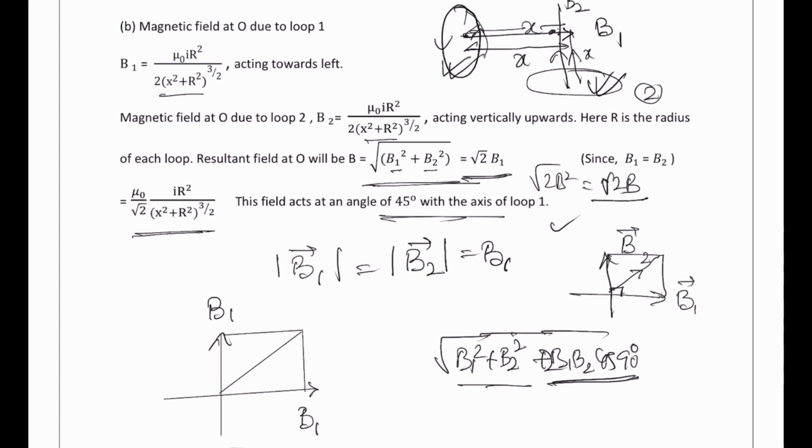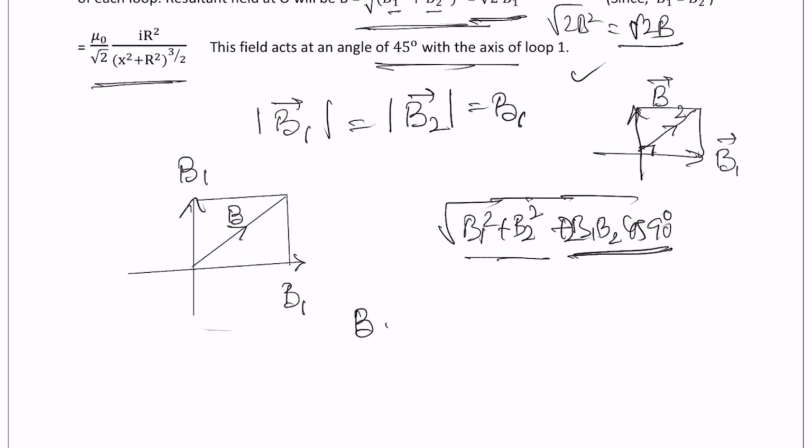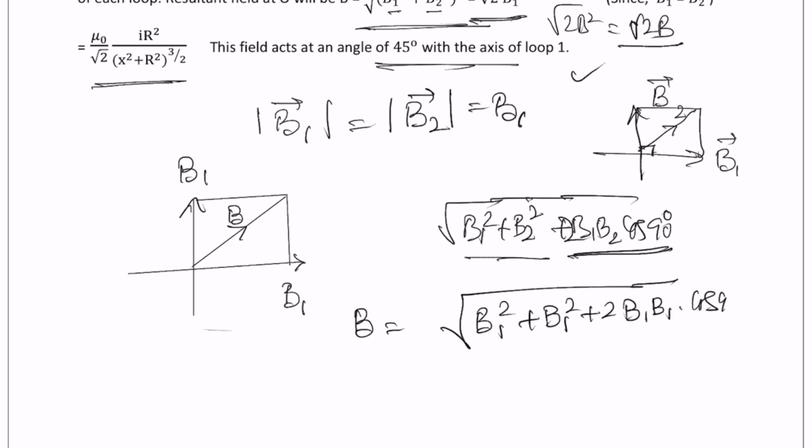So if the resultant is B, then B is equal to root over B1 square plus B1 square plus 2 B1 into B1 cos 90 degree. So this part is 0. Therefore it is equal to 2 B1 square. So it is root 2 into B1. And this angle is how much? 45 degrees, because both have the same magnitude.